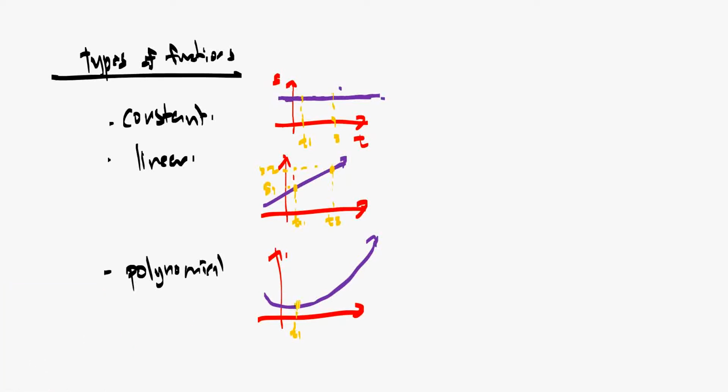At time one, this is my position, and at time two, this is my position. What's the difference between these polynomial functions and the linear functions? It is simply the rate of change. How does it go from point one to point two? It has this curve right here.